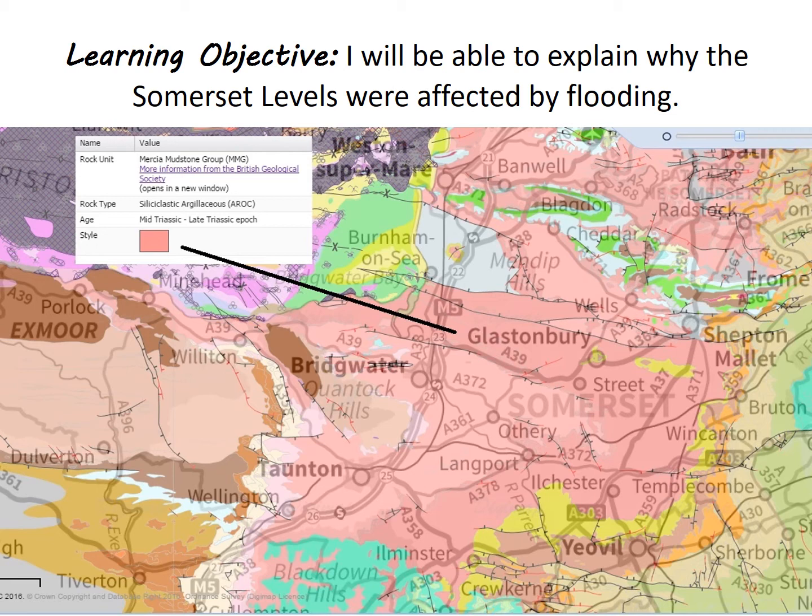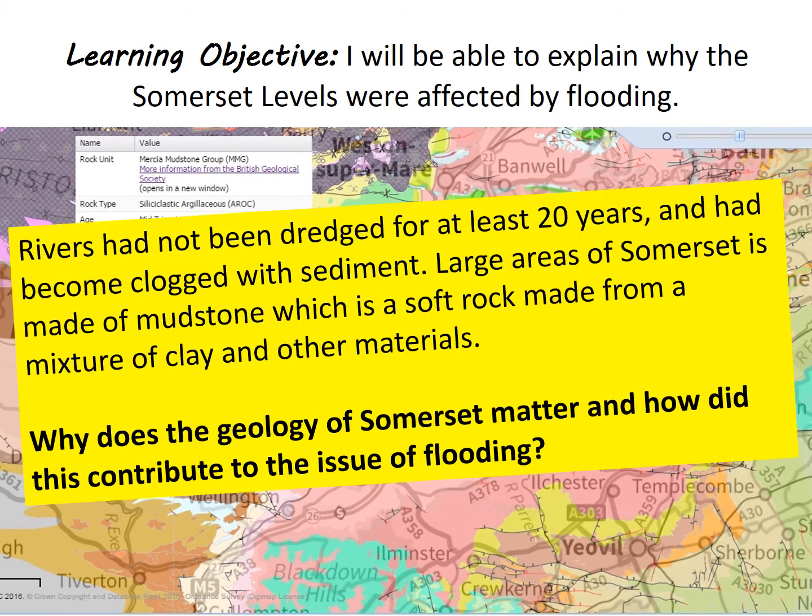So it holds water. It doesn't allow water to absorb through it. It gets saturated very, very quickly, and it's almost like clay, just sits there saturated, doesn't let water flow. Instead, it just sits on the surface, and therefore most of the rain that fell didn't absorb into the ground. It sat there and it flowed over the surface as surface runoff, and it did not end well for this area, as I'm sure you can imagine.